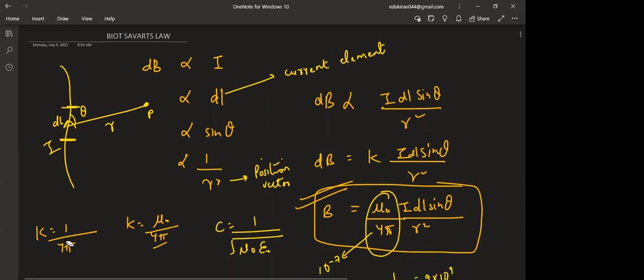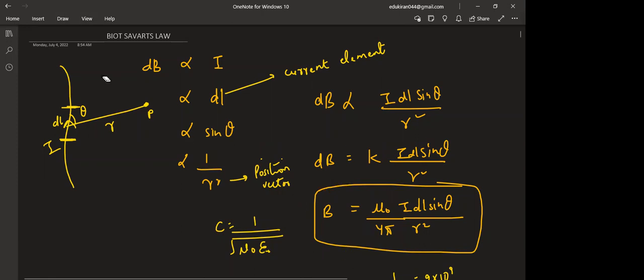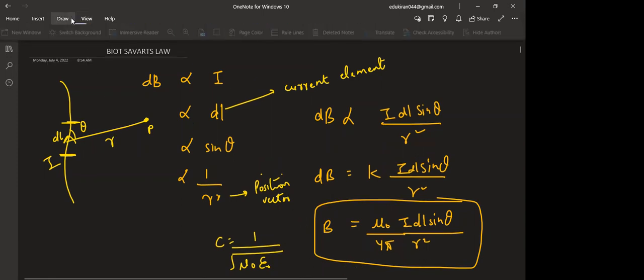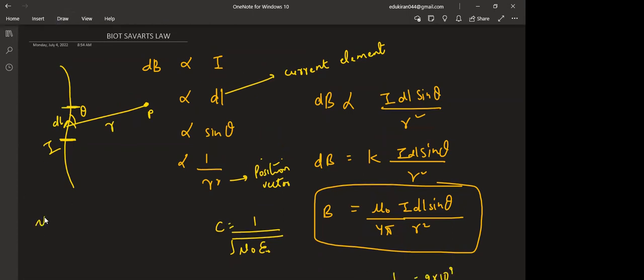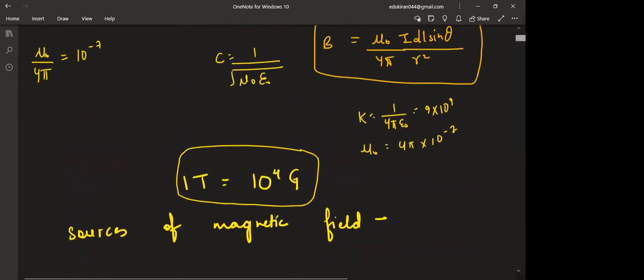In magnetostatics, we write it as mu naught by 4 pi. So whenever you have to write mu naught, write it as 4 pi into 10 to the power minus 7. This is Biot-Savart's law.